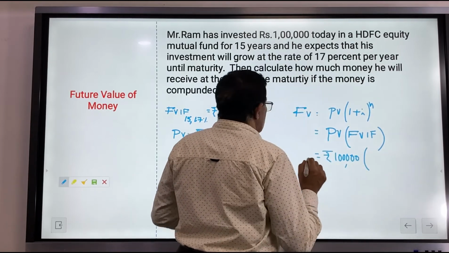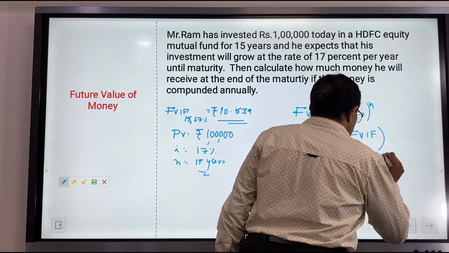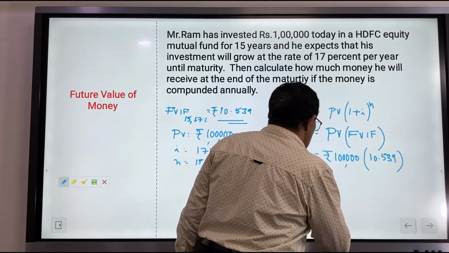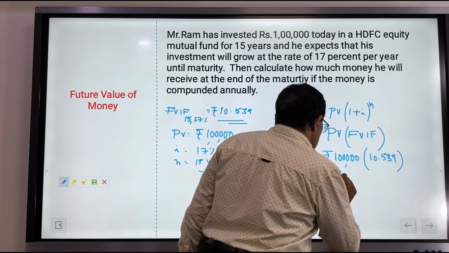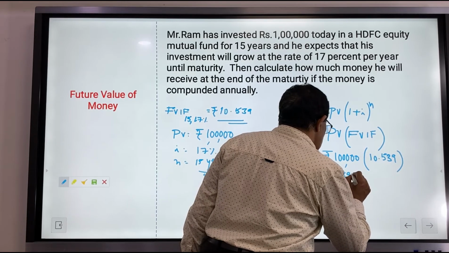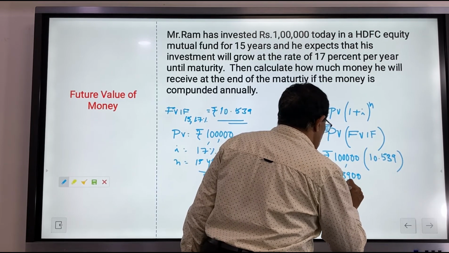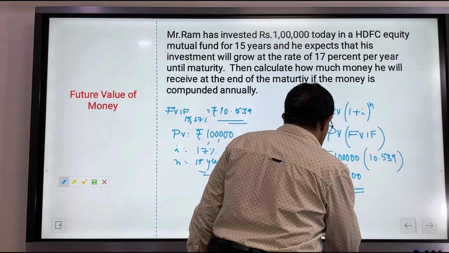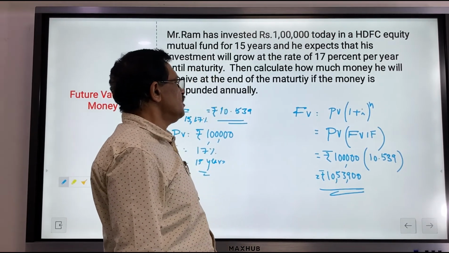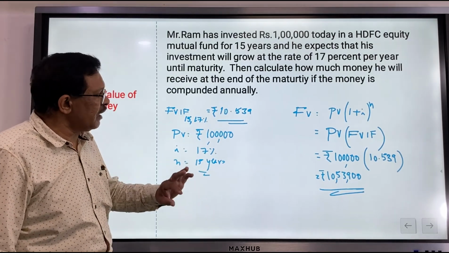So 1 lakh into 10.539 gives 10,53,900. That will be the maturity value.